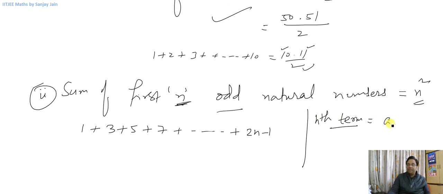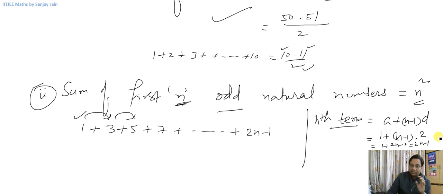What is the nth term? a plus n minus 1 into d. Now in these odd natural numbers, the common difference is 2, right? And the first term is 1, so 1 plus n minus 1 into the common difference, that is 2. So it will be equal to 1 plus 2n minus 2, that is 2n minus 1.